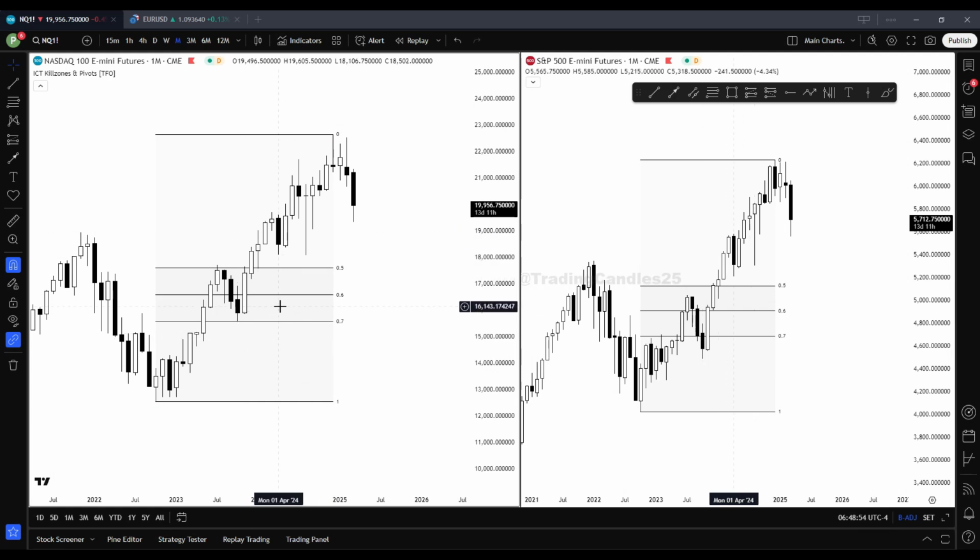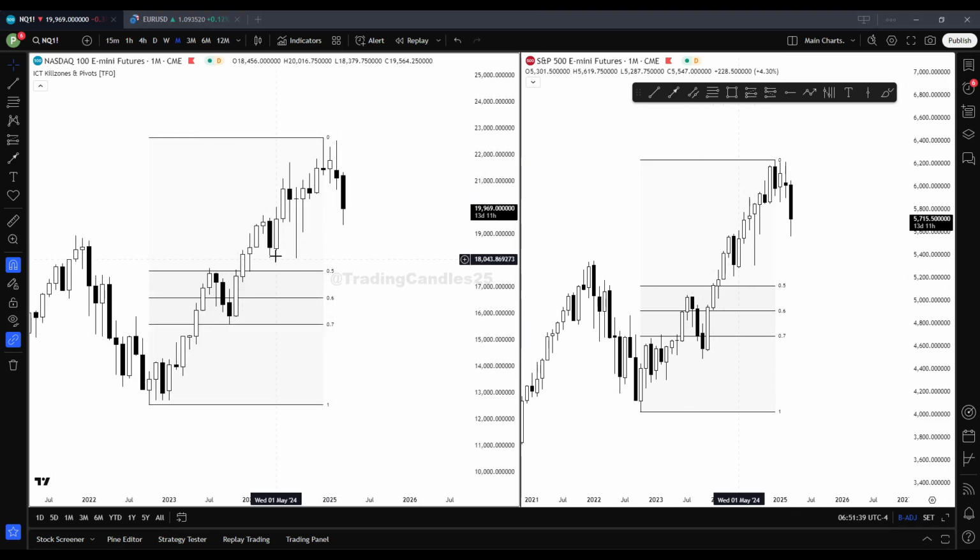But obviously, we're not going to jump ahead of ourselves or force any buys just yet. Before assuming anything, we need to first identify the correct key levels inside this dealing range that are actually relevant to us.